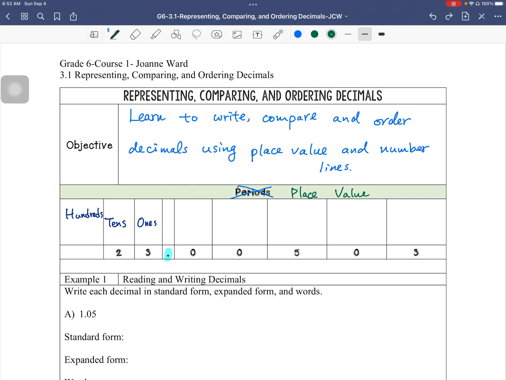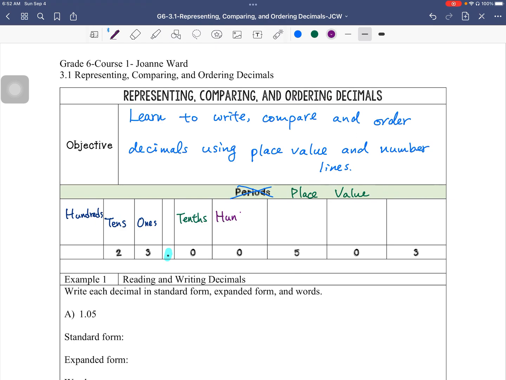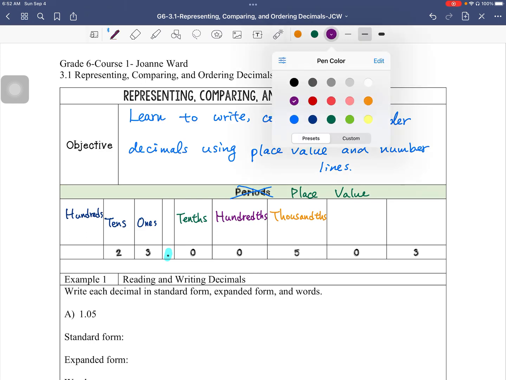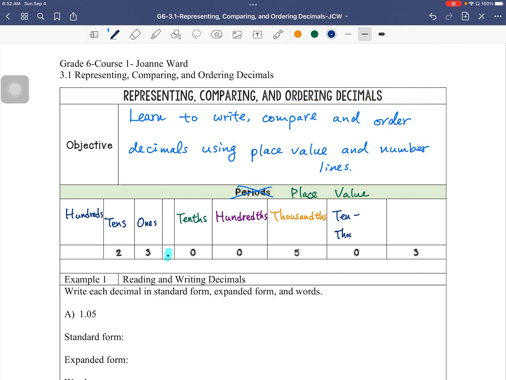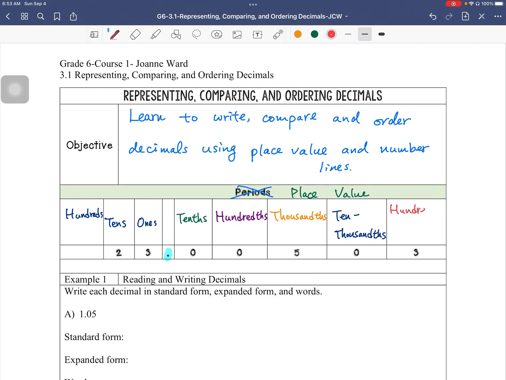And then below the decimal point, we start with tenths, and then hundredths, and then thousandths, and then ten-thousandths, and then hundred-thousandths.